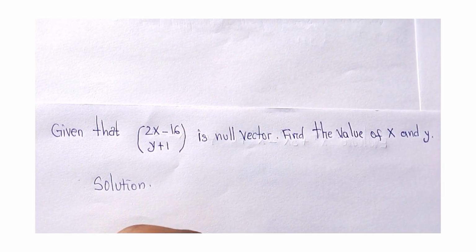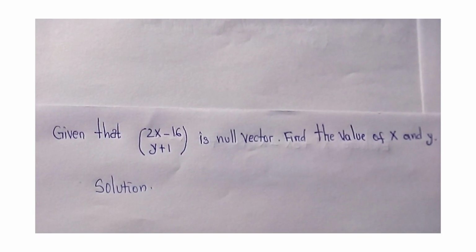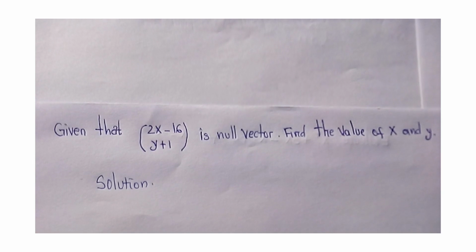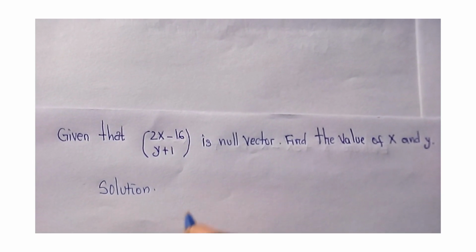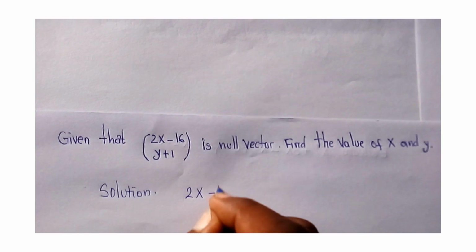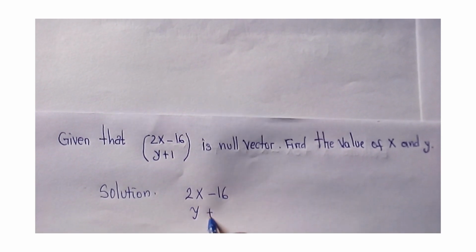A null vector is a vector with magnitude of 0 and undefined direction, meaning that it is equal to 0. Here we have (2x minus 16, y plus 1).